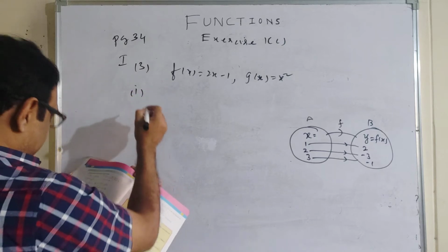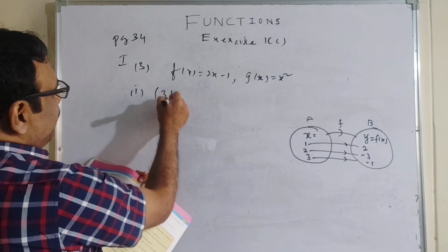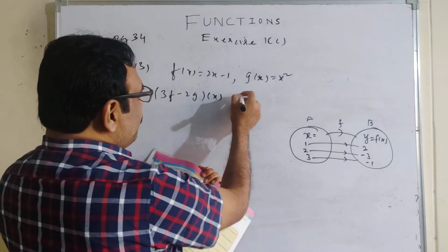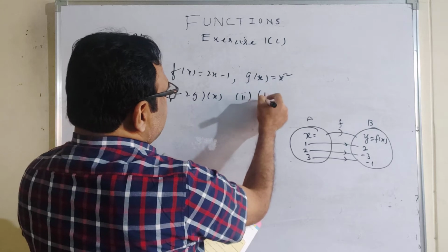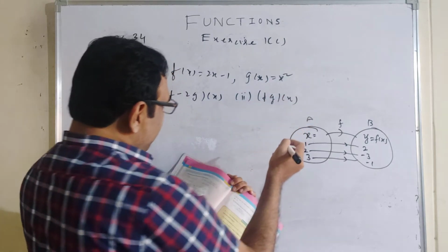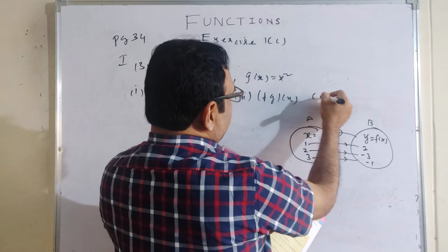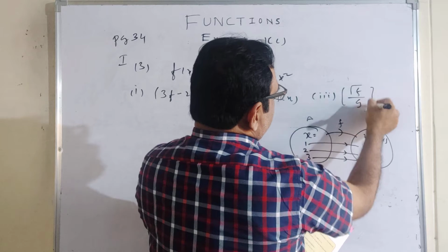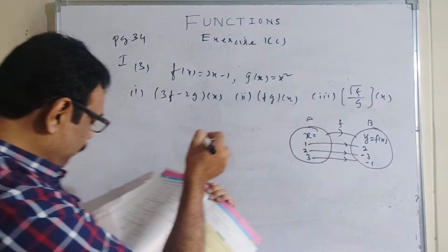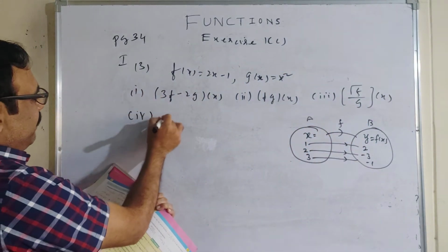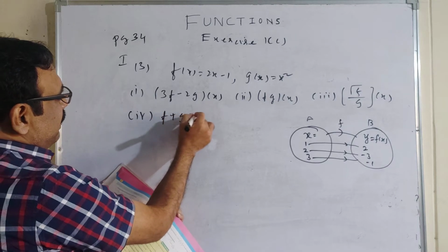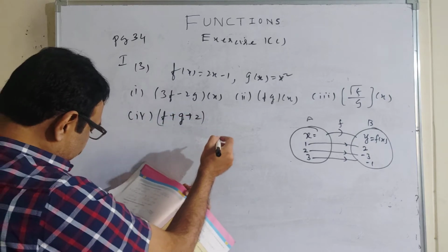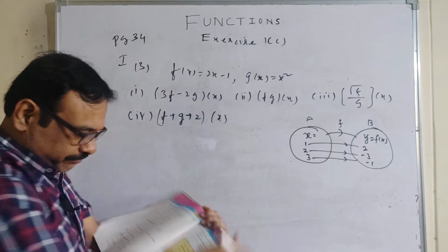He is asking for 3f minus 2g of x, and this is going to be the first one, and the second one is nothing but fg of x, and this is the second bit, and the third bit is going to be root over f by g of x, and the fourth one is f plus g plus 2 of x.